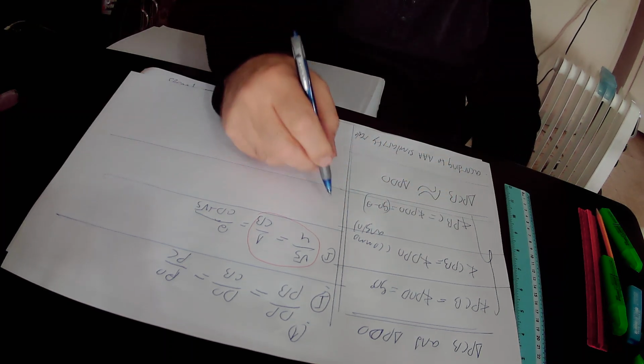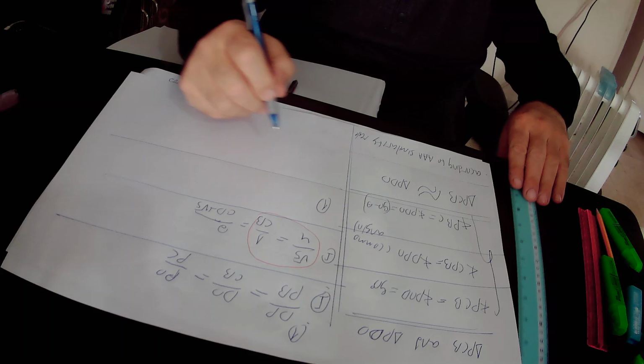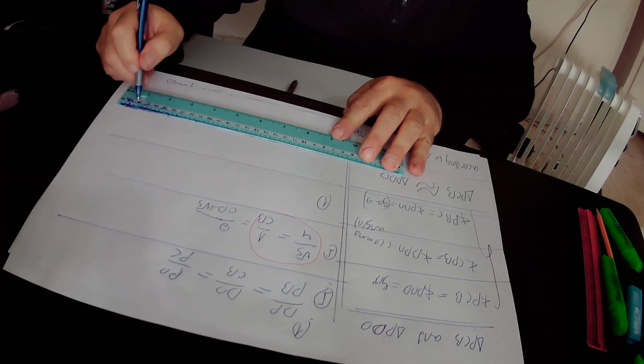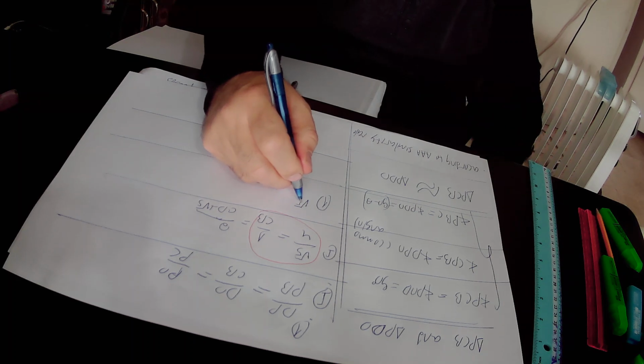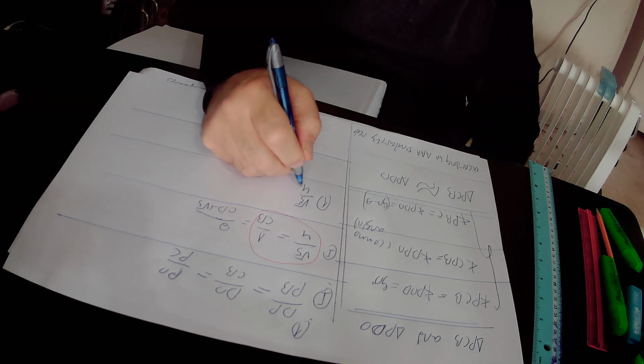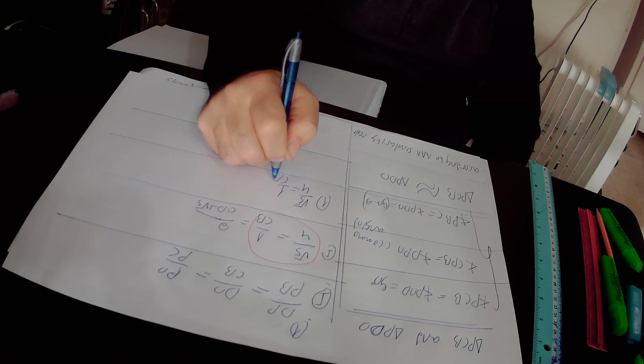So according to equation 1, square root of 5 over 4 equals 1 over CB.